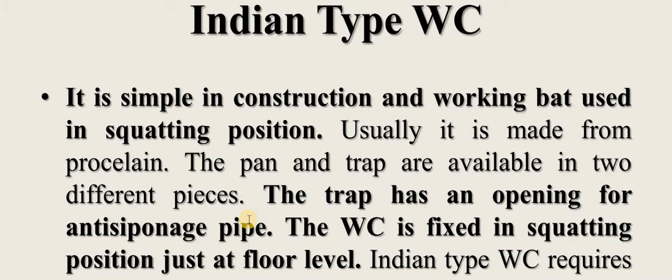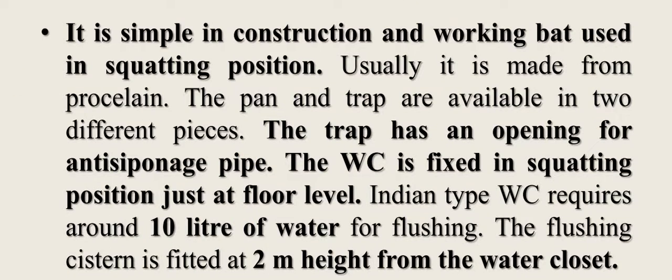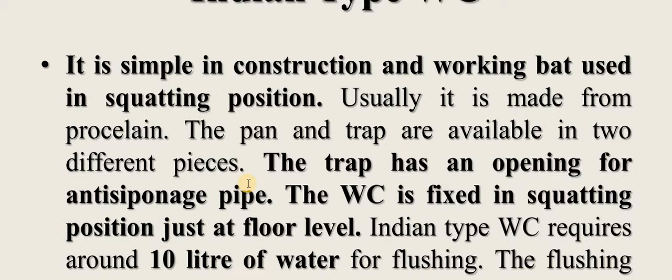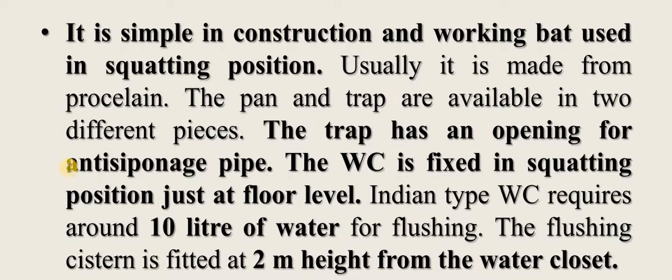You have to understand that it is simple in construction and working, used in squatting position, and usually made of porcelain. The pan and trap are two different pieces, and we connect them with cement mortar. The trap has an opening for the anti-siphonage pipe. We will see the anti-siphonage pipe in detail.